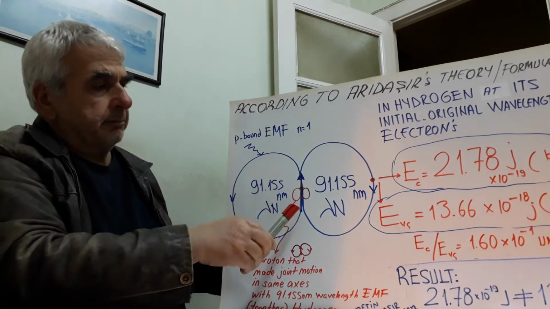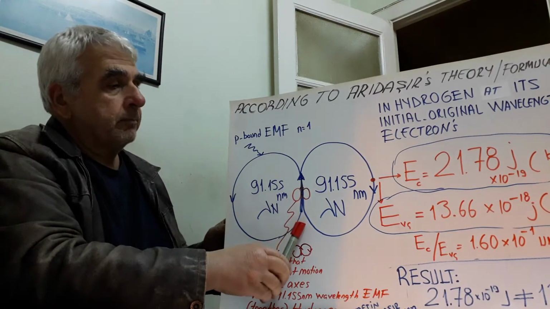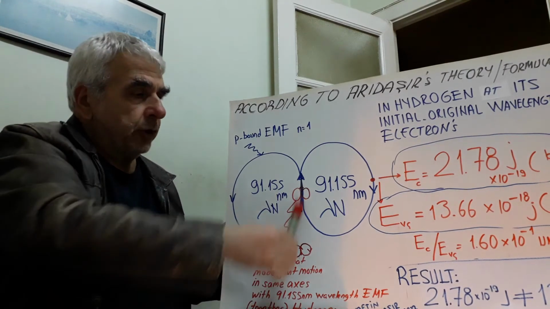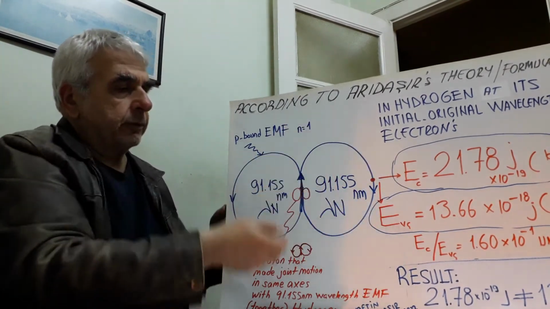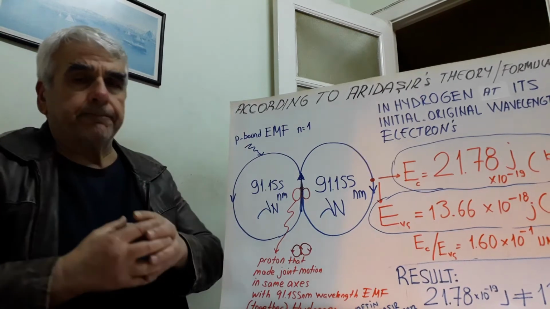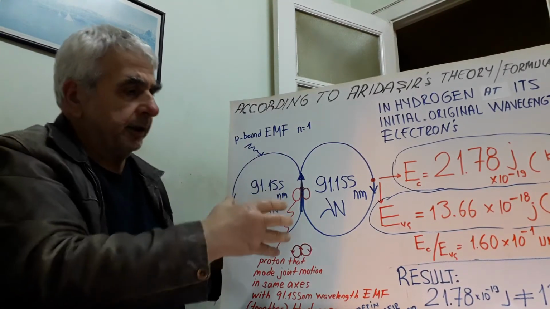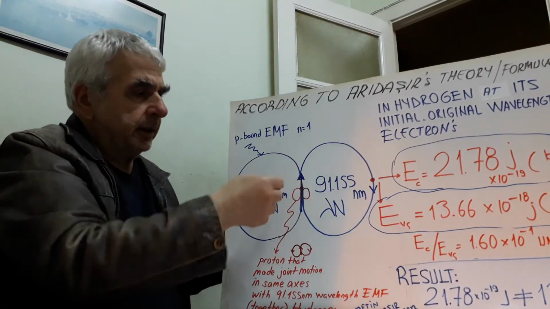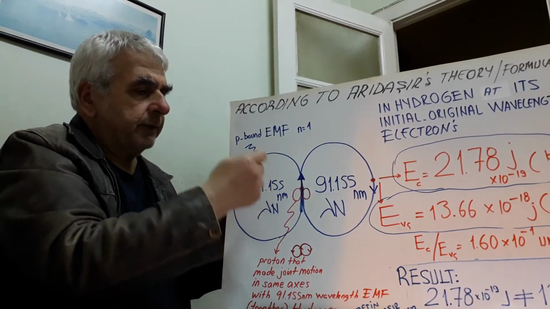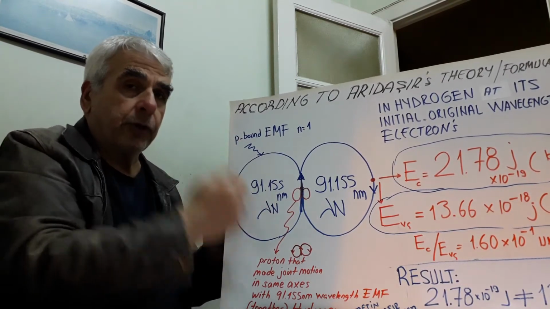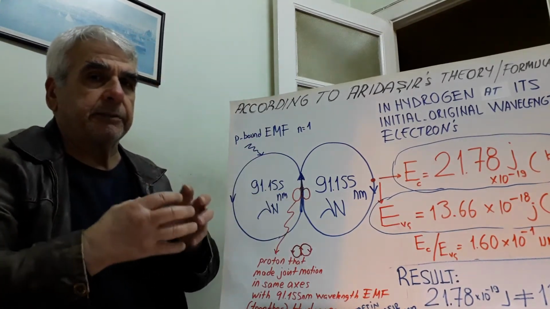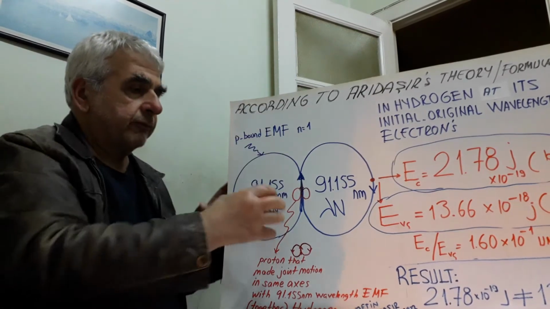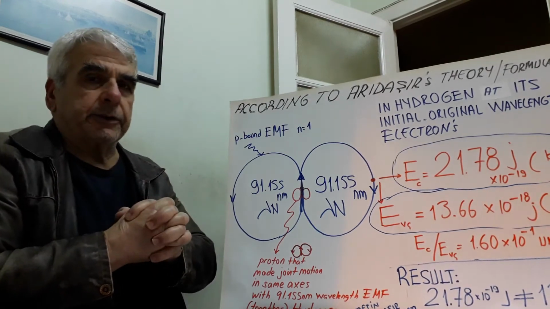Same they made in their axis joint motion. Proton and electron motion form. These two together, hydrogen atom. Here, ground state position. 91.155 nanometer, lambda normal, lambda n, initial wavelength of single electron motion form, p-bound electron motion form in hydrogen atom.